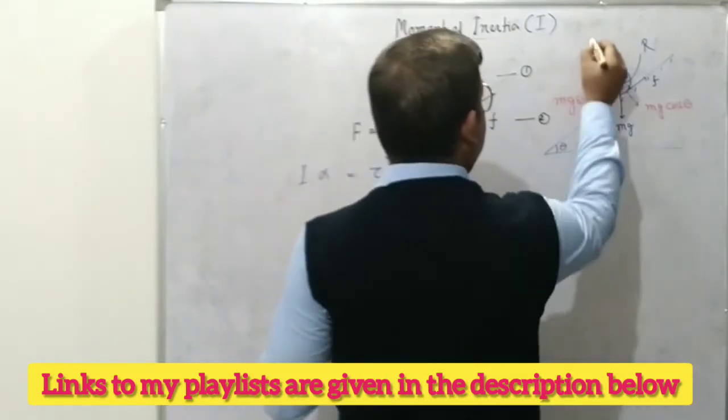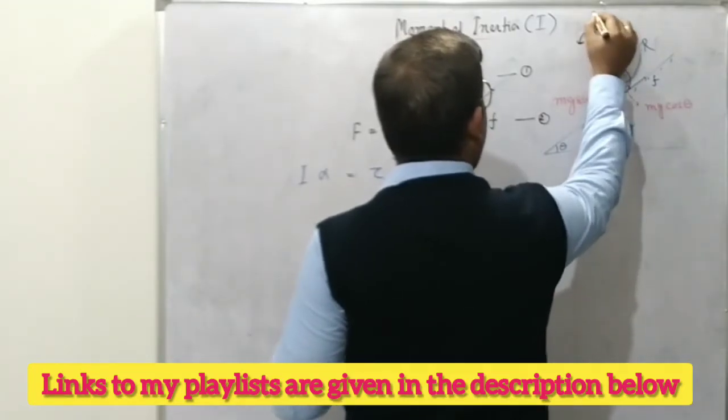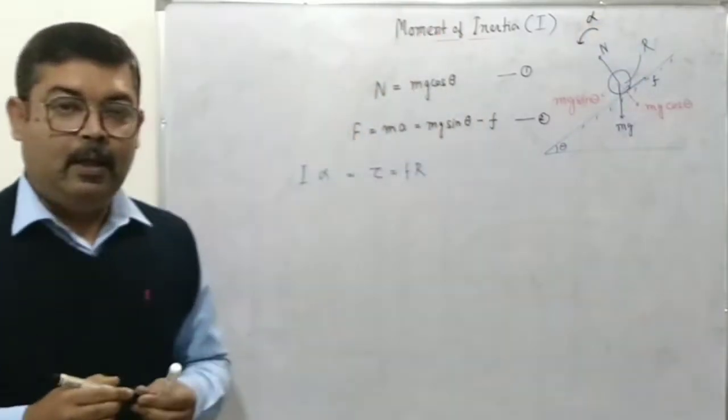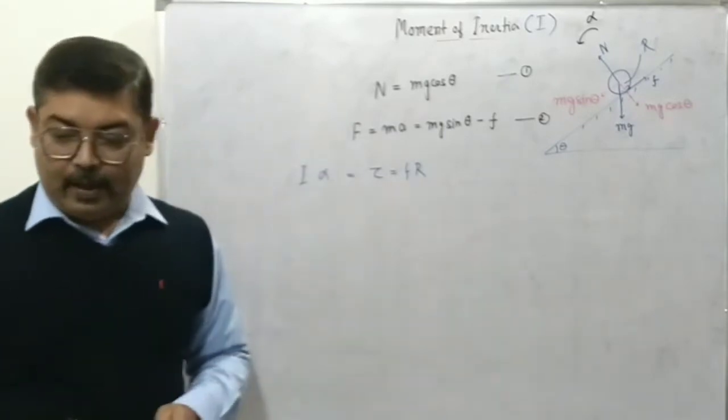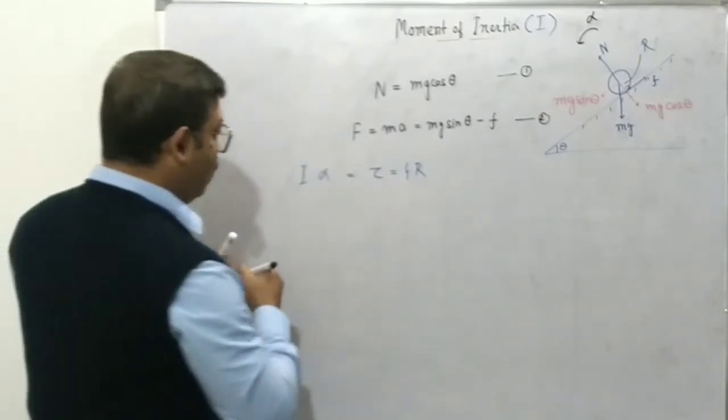So since the object is moving like this and there is an angular acceleration, I alpha will be equal to F r, which will give us the force of friction.